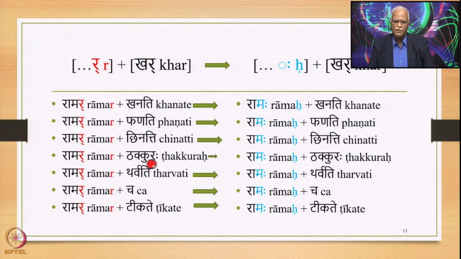Then we have ramar plus thakkuraha, and the output generated is ramah thakkuraha. Then ramar plus tharvati, and the output generated is ramah tharvati. Then ramar plus cha, and the output generated is ramah cha. Finally, ramar plus tikate, and the output is ramah tikate.